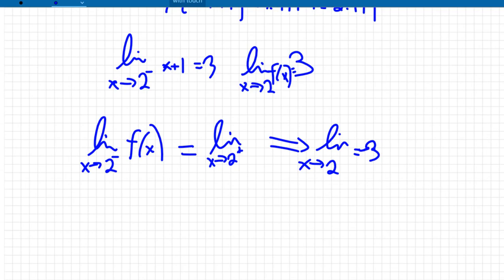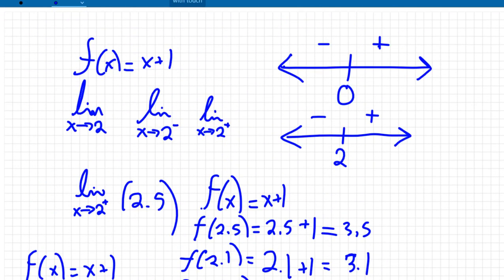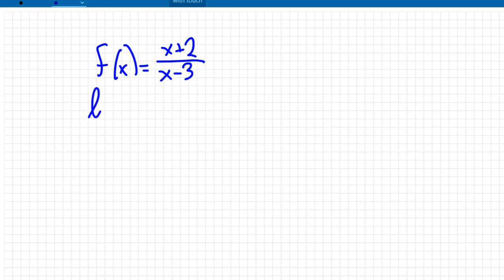Let's go on to something a little bit more complicated. So let's say we have a function, f of x equals x plus 2 over x minus 3. And let's say we want to find the limit as x approaches 3.